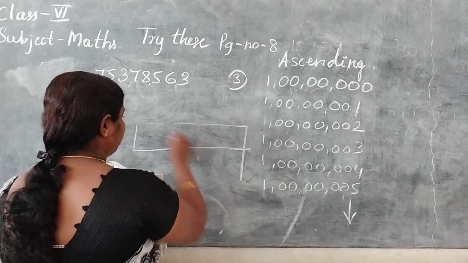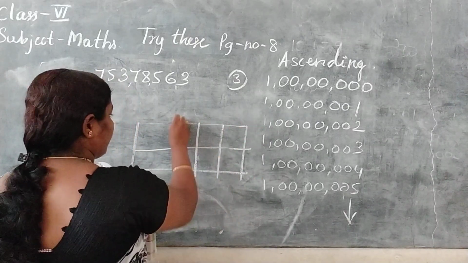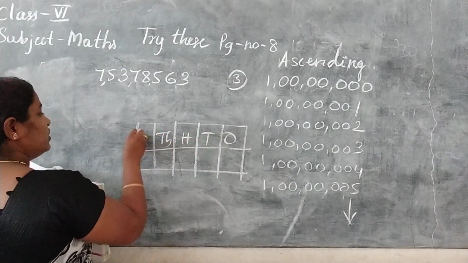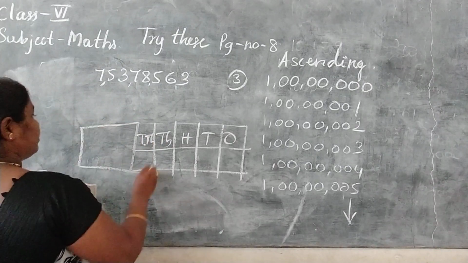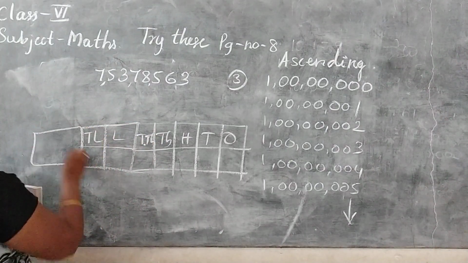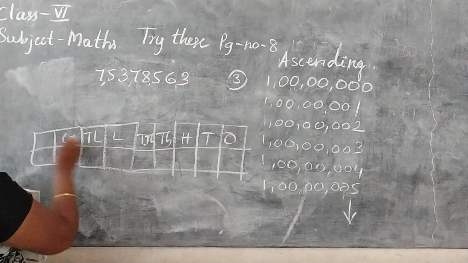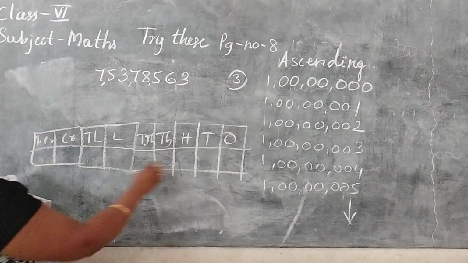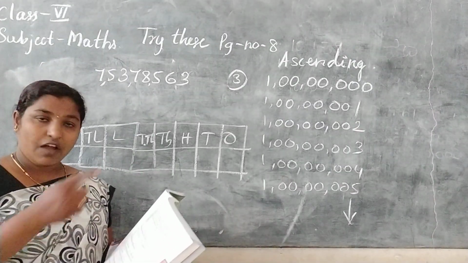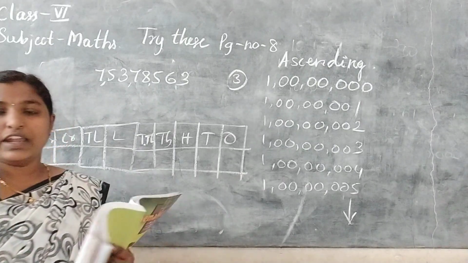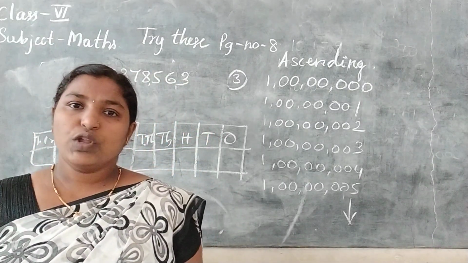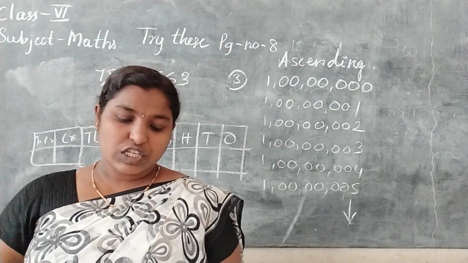Like this: ones, tens, 100, 1000, 10,000, lakh, 10 lakh, crore, 10 crore. In these boxes you should write the given numbers, and after this you should write the expanded form. So this will be homework for you. If you have a doubt, you can ask me.